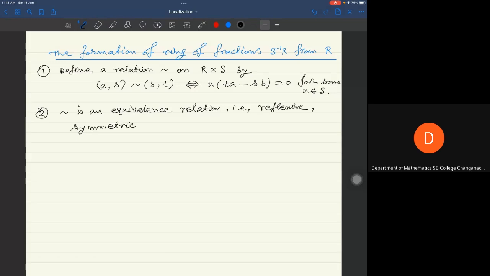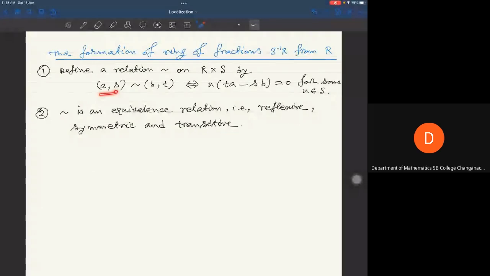And you need to prove that it is also transitive. To prove this transitivity, you need this condition. If we simply define that these two ordered pairs are related if and only if just this thing is 0, then it is no longer transitive. To make it transitive, you need to multiply by some element of S. Is it fine? Let me know if you have any question or any doubts.